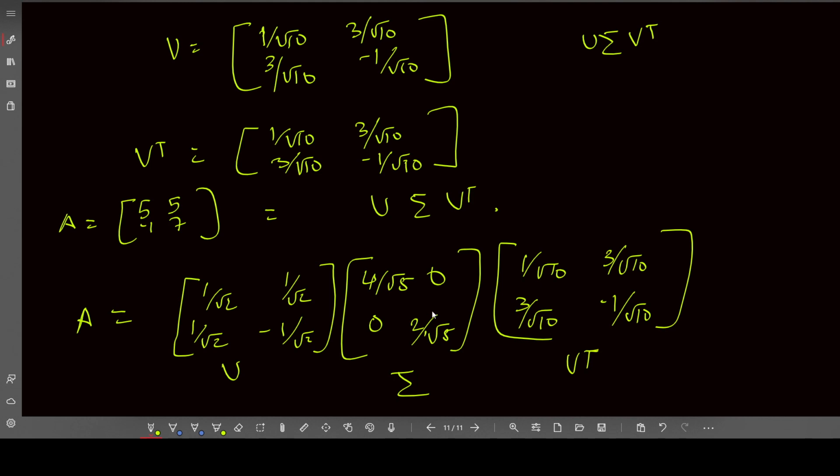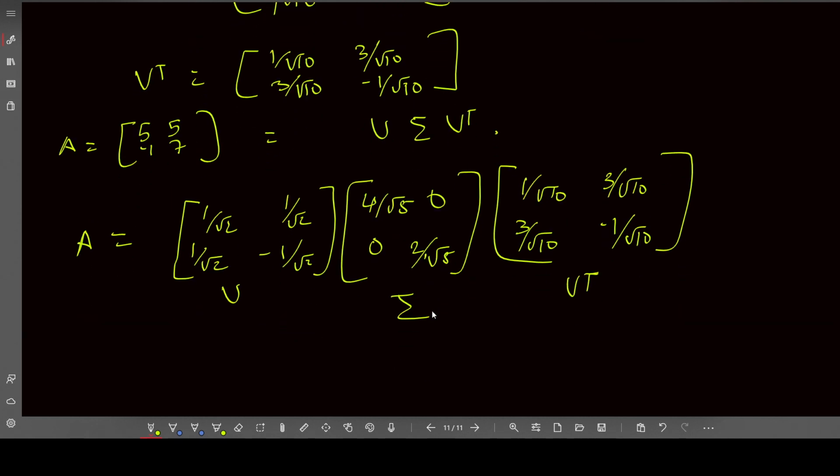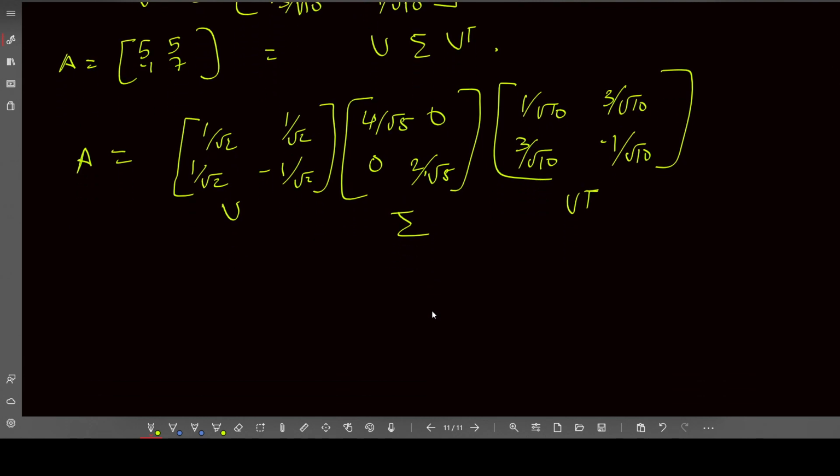I know it's a little procedural and it's a little long, but I think this is the easiest method to get the SVD of a matrix, amongst a lot of other methods that exist. Now, as an exercise, what you can do is try and verify this using Python and NumPy.